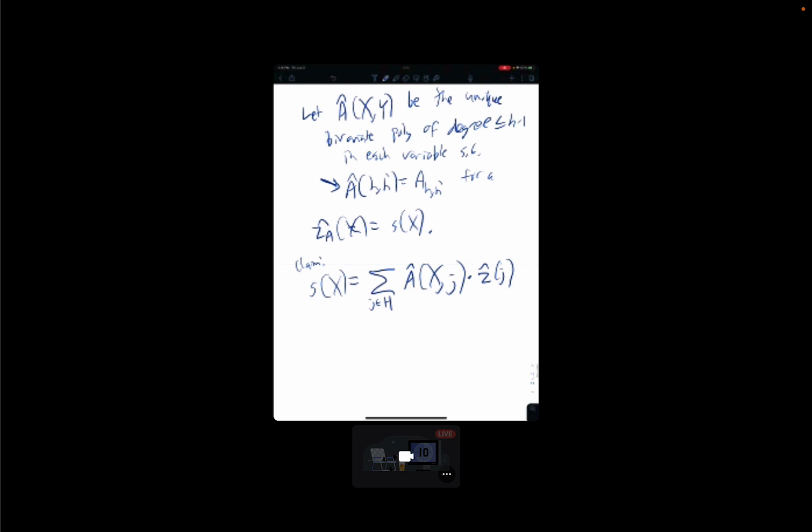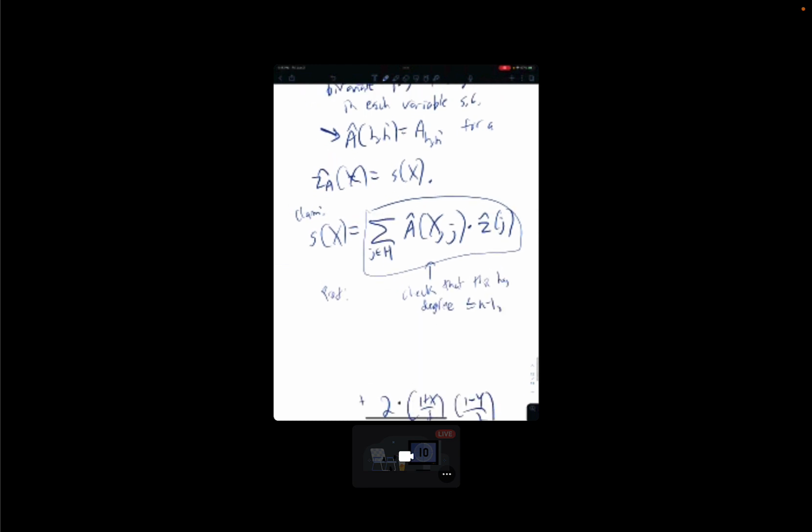So to prove the claim we need to check that the right-hand side has degree at most n minus 1, and that if you evaluate it at little h, it spits out A times Z, hth entry.